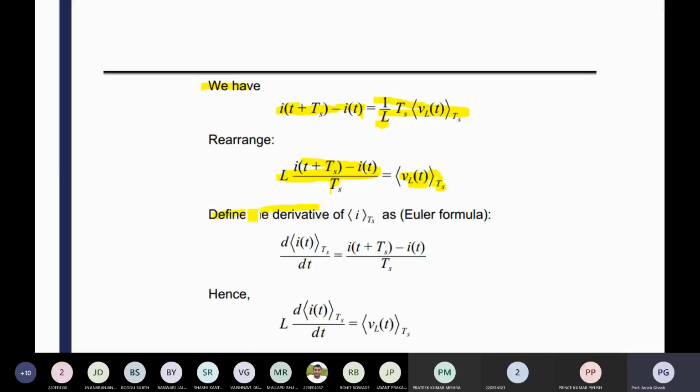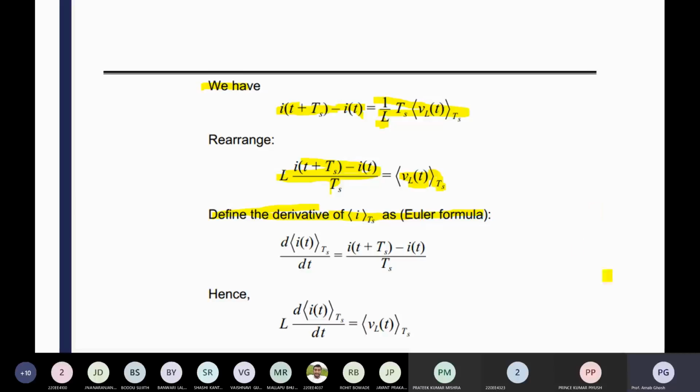Now define the derivative of i(t) using the Euler formula, the very popular formula from numerical analysis. You can use any of the differentiation or integration methods.